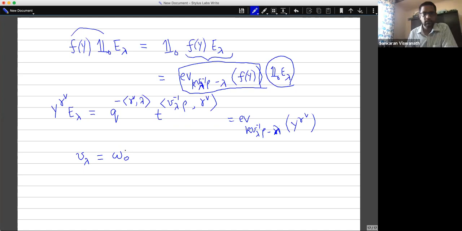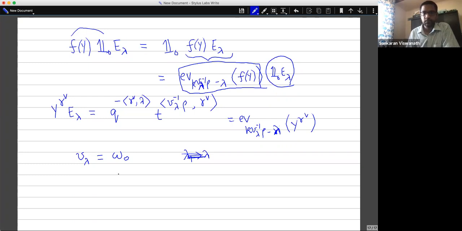It's maybe not w naught, but rather the longest element in W mod W lambda in some sense. Maybe. Is that all right, Arul? Okay. If lambda is regular, if all the lambdas are... actually, it doesn't matter, because you're going to evaluate it on lambda finally.